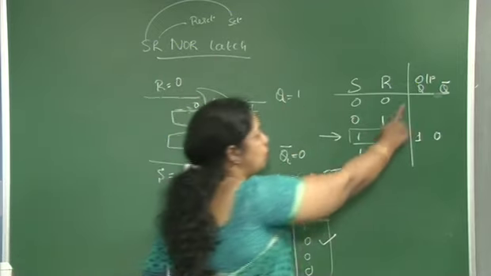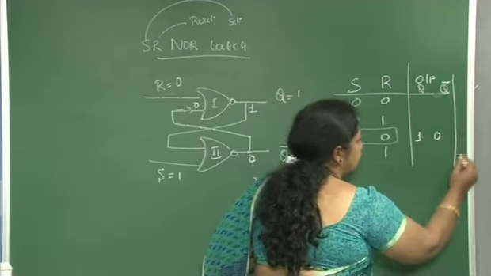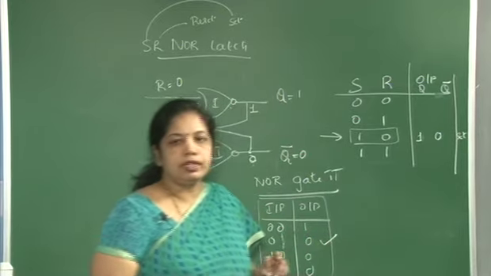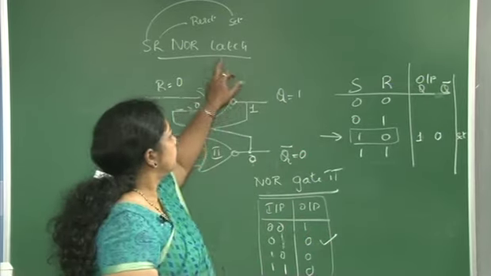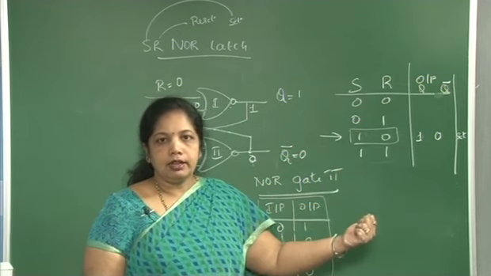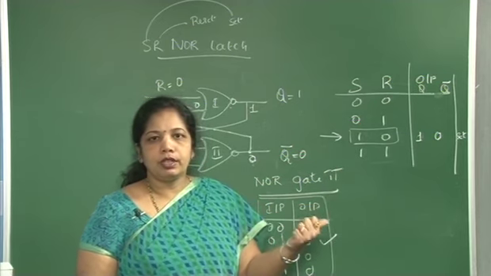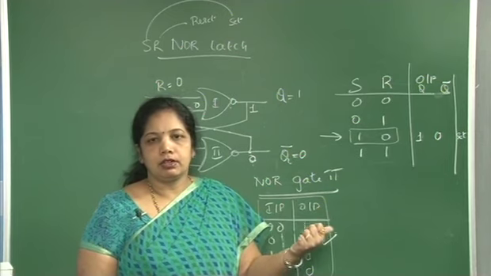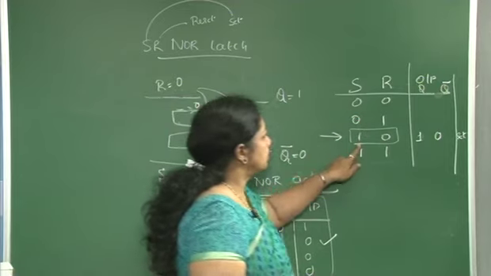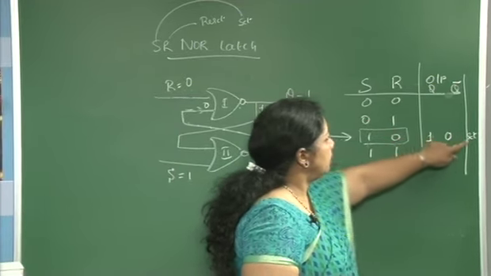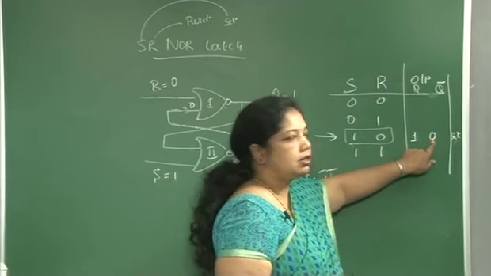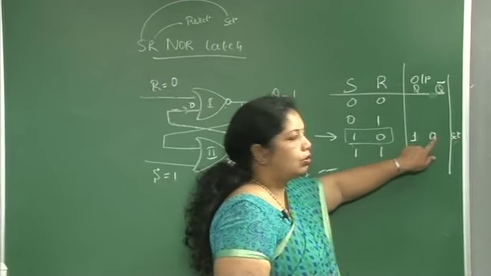If my Q output is 1, this condition is called the set condition. I say the latch is set, meaning my latch output is at logic 1. So S 1, R 0 gives the set condition: 1 and 0, normal value and complemented value.